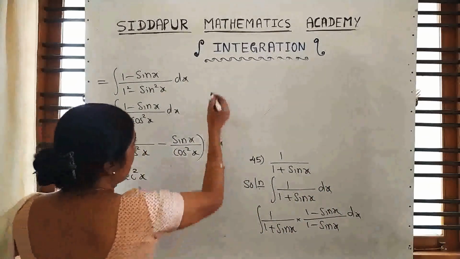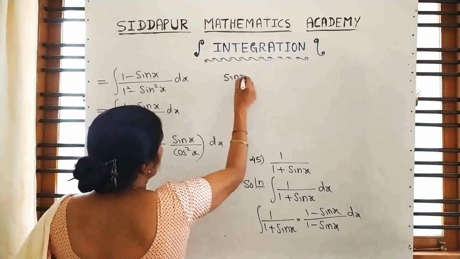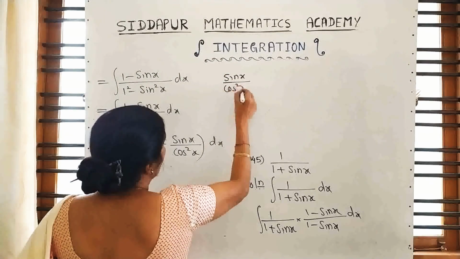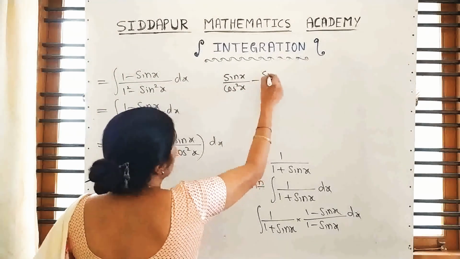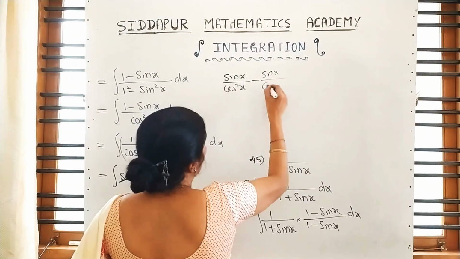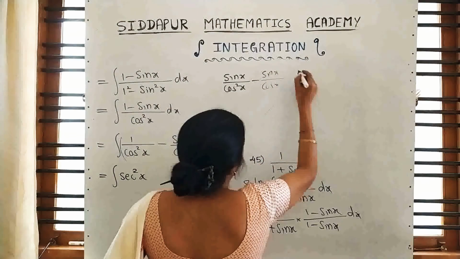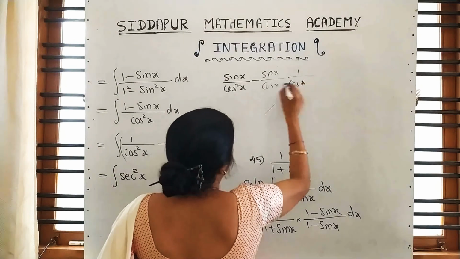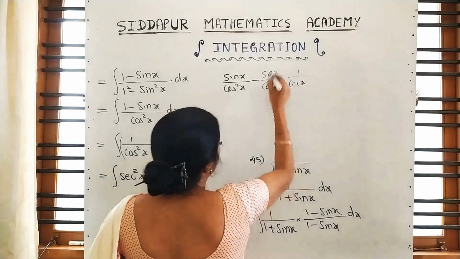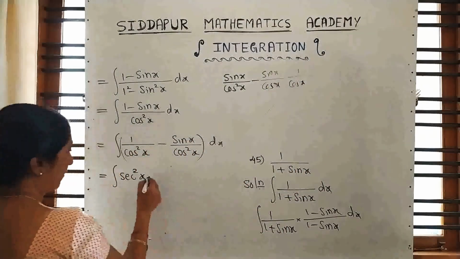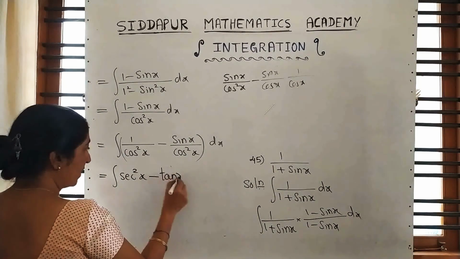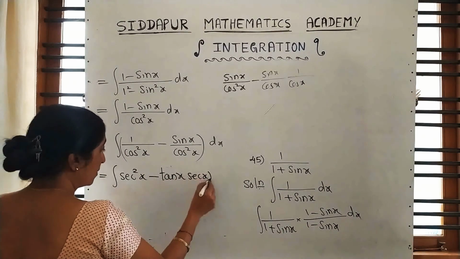Otherwise I will explain here. Sin x upon cos square x will be sin x upon cos x into 1 by cos x. Correct or what? Sin by cos is what? Tan. And 1 by cos is sec.